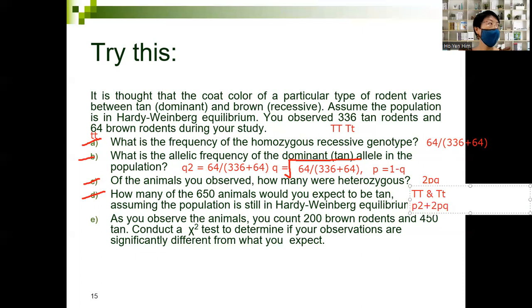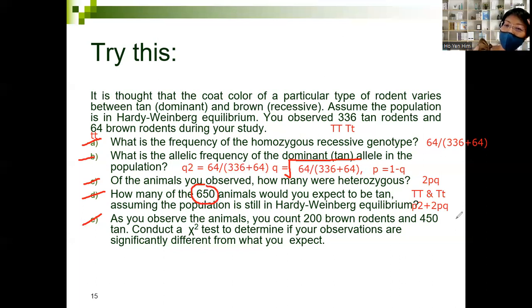Wait, my p squared and 2pq for this one is different, isn't it? My total number is 650, you know. Actually, p squared plus 2pq, how can it be?